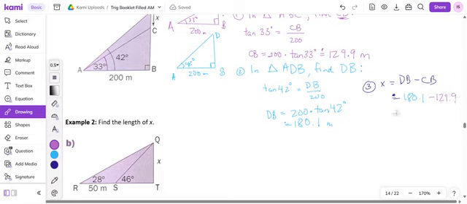What do we get, folks? 180.1 minus 129.9 is 50.2 meters. This is a ginormous triangle. Just keep in mind, if we were to build it, this is like 200 meters tall.